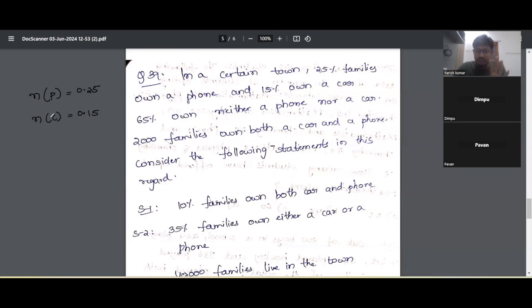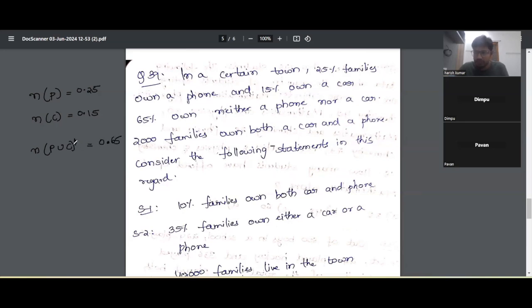That means with 65% of people, there is no phone and no car. So n of p union c whole complement is 0.65.